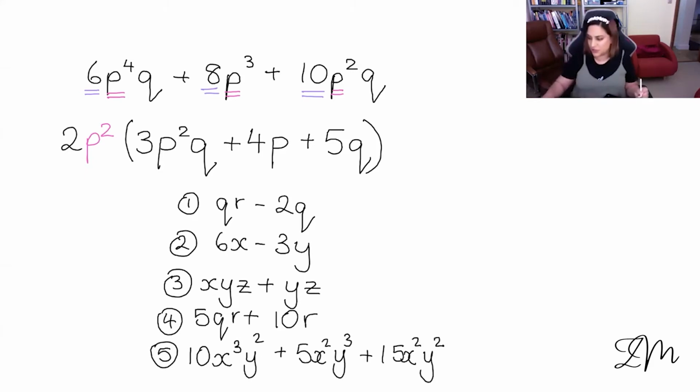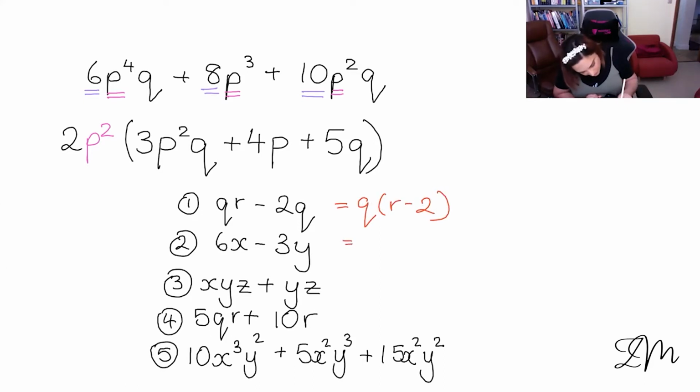So here's where I suggest you pause it, you attempt these, and then you check the answers, which I'm going to put up now. Here our common factor is q, and we've got r minus 2. Here our common factor is 3, and we've got 2x minus y. Here our common factor is a y and a z, and we're going to get x plus 1.